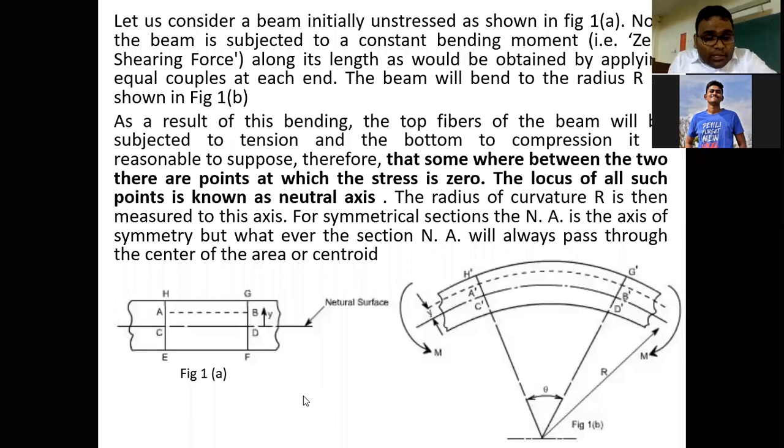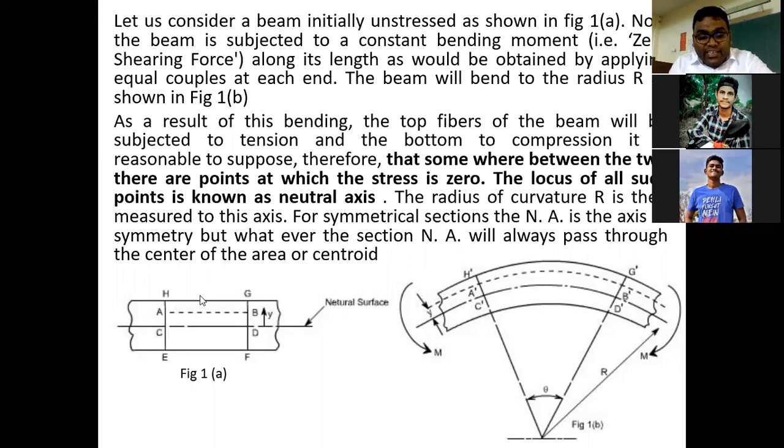Dear students, we have taken an element AB in between, and this is CD. What is CD? It is the neutral surface. HG is the upper filament of the beam, and EF is the lower filament of the beam.